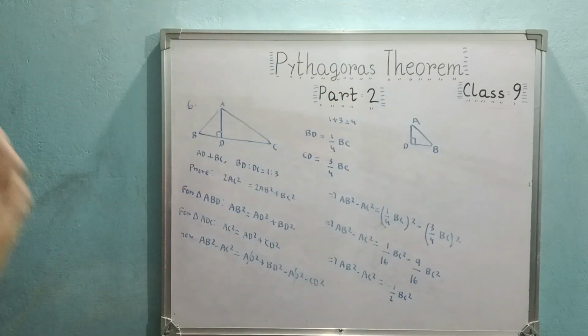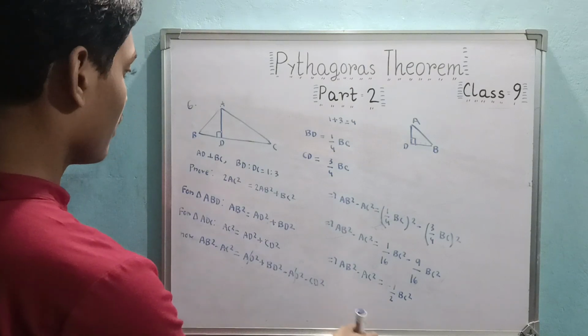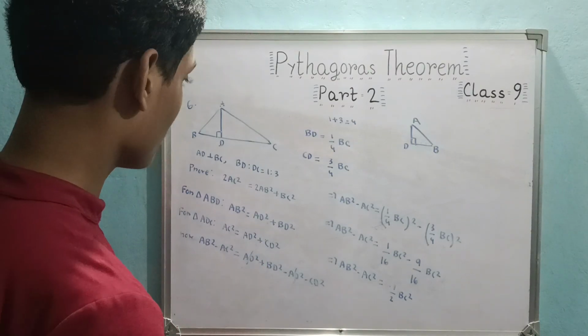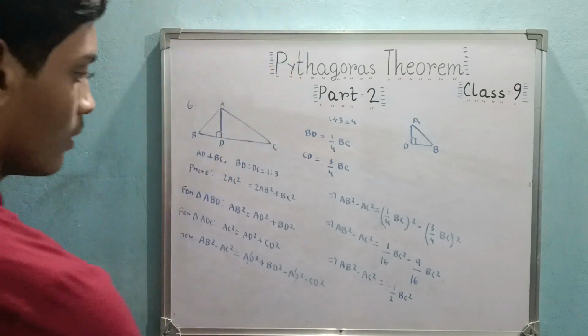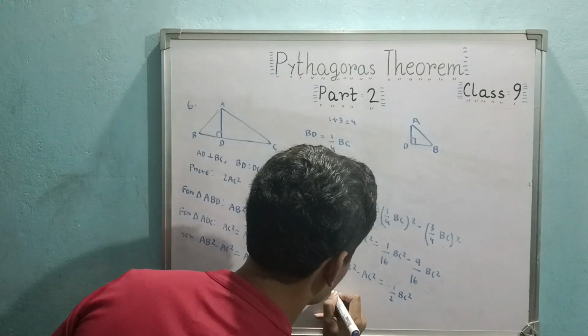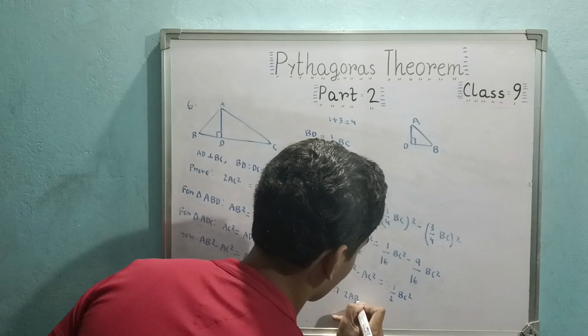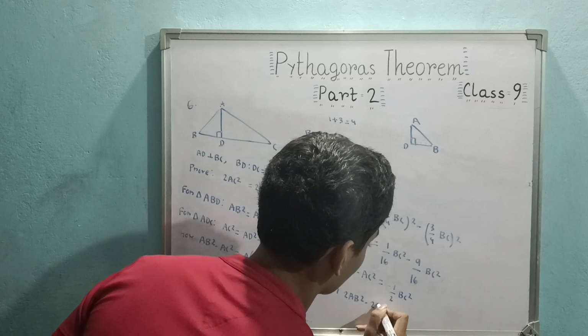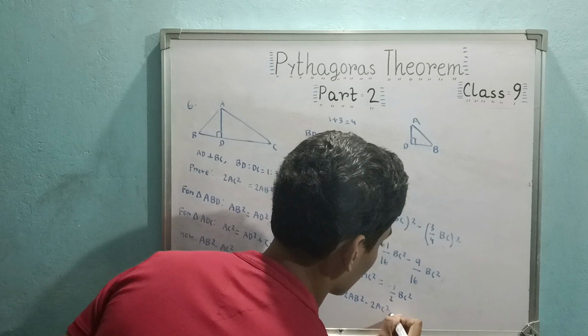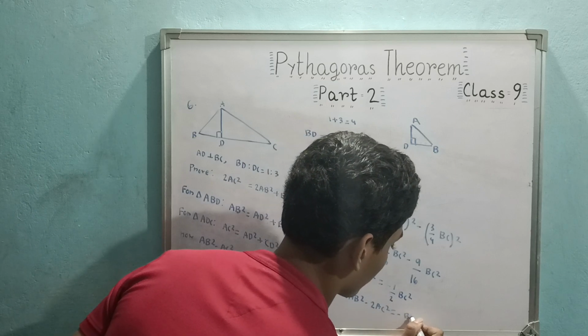Okay. Then if I shift this 2 to this side, I just cross multiply, or 2AB square minus 2AC square equal to minus BC square.